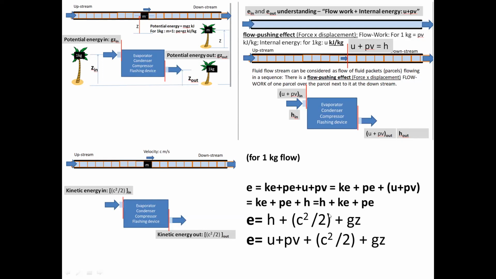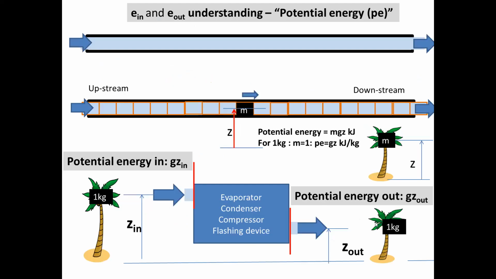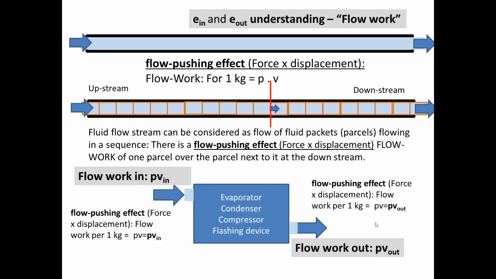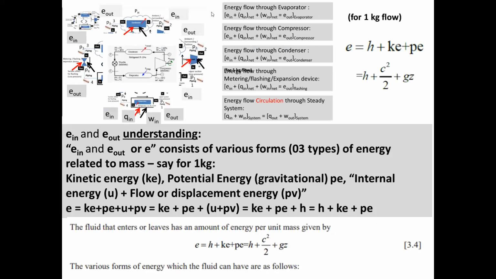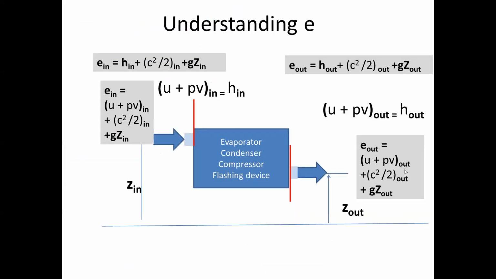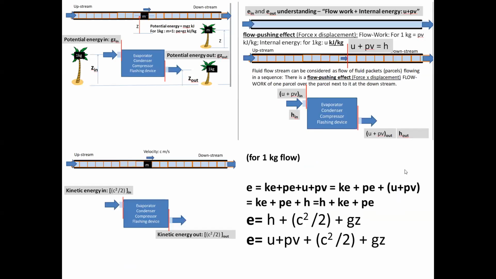Kinetic energy is C squared by 2, potential energy is G Z. So U plus PV plus C squared by 2 plus G Z. I think well explained.